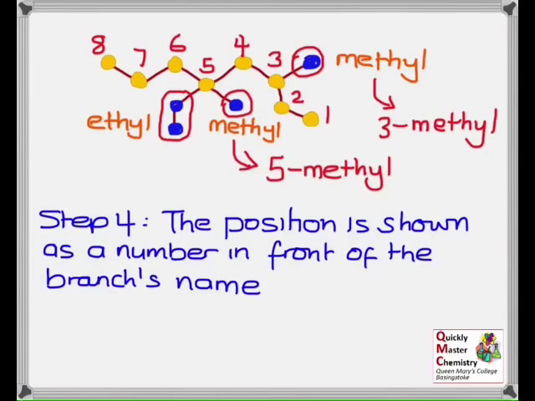Then moving along, we've got a methyl attached to carbon 5, so we put 5-methyl to show that's a methyl branch attached to carbon 5 of our longest chain. And likewise, we write 5-ethyl for that 2-carbon branch attached to carbon 5.